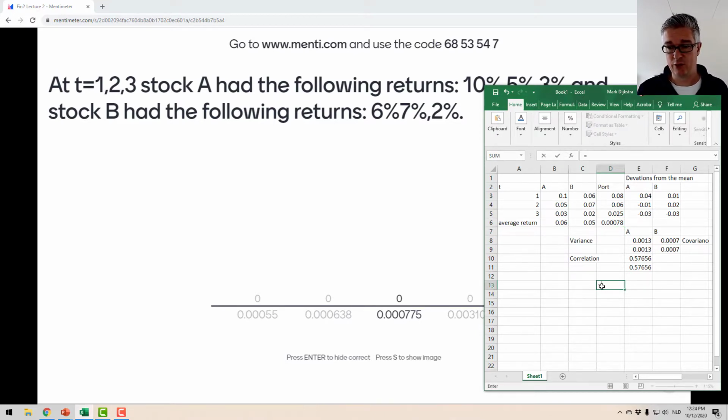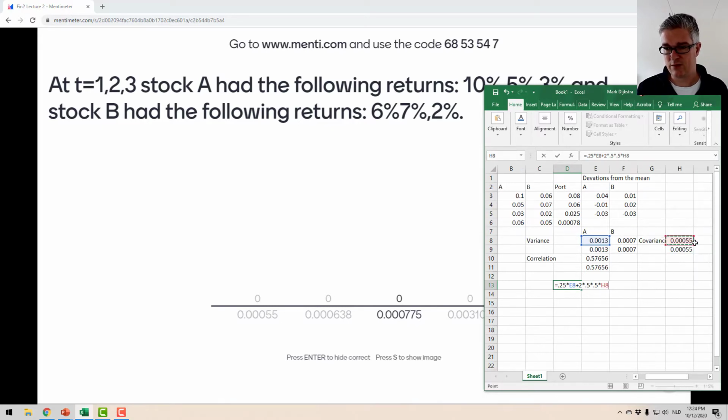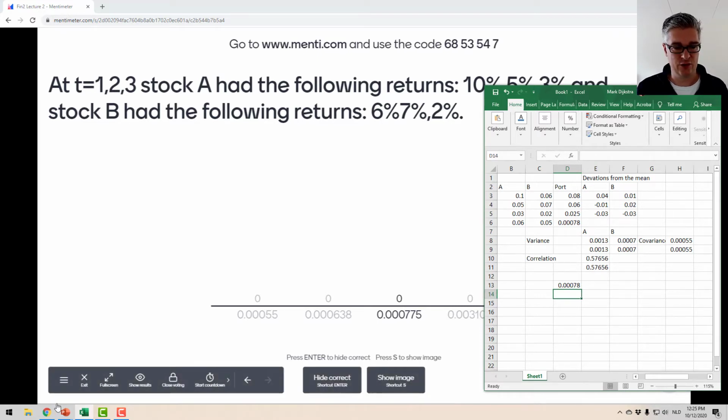It should be the portfolio weight of x1 squared, so in this case 0.5 squared is 0.25 times the variance of A, plus 2 times x1 x2, so 2 times 0.5 times 0.5 times the covariance, which I have over here, plus 0.25 times the variance of B, and that gives us also the exact same value. So that is very reassuring.